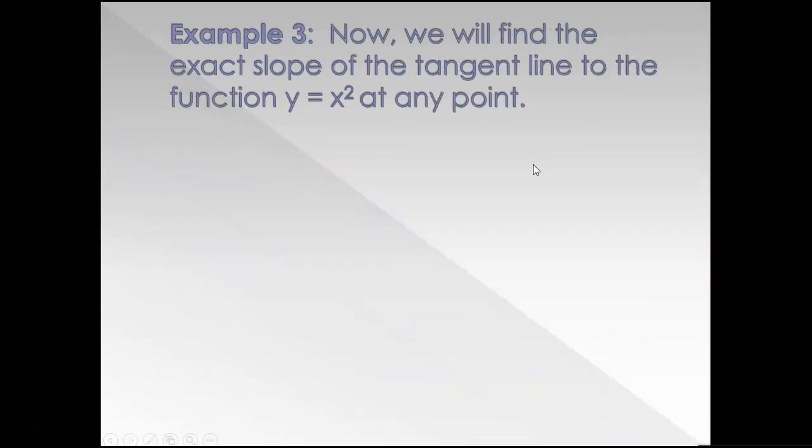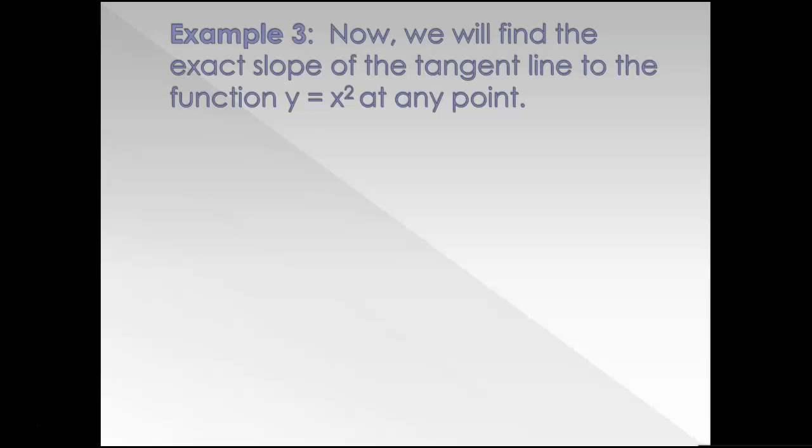Example 3. We found the slope of the tangent line in the previous example at a particular point, 1, 1. We can find the slope of a tangent line at any point on a graph by not using a specific point.